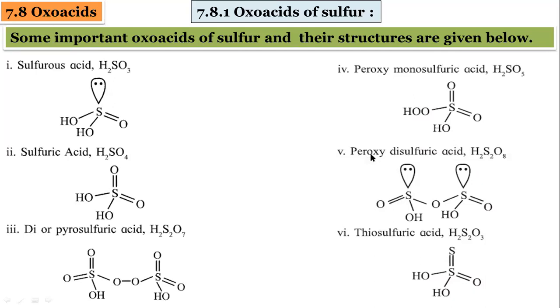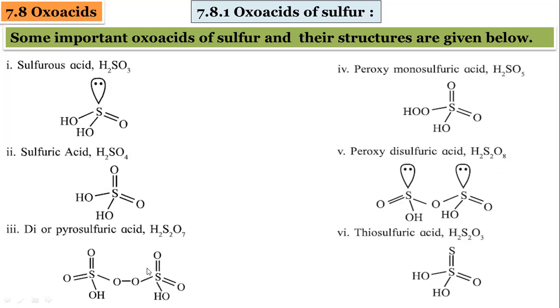Then this is a peroxy disulfuric acid, H2S2O8. This is wrongly written. Instead of this H2S2O7, H2S2O8 is there. So this structure should be drawn here and this should be drawn here. So there is a mistake in these two structures, peroxy disulfuric acid and pyrosulfuric acid.